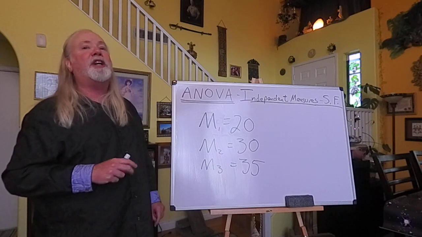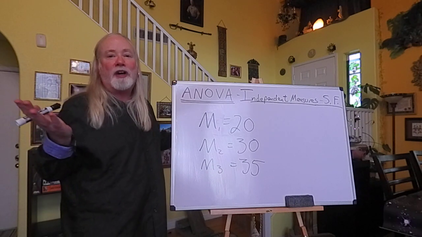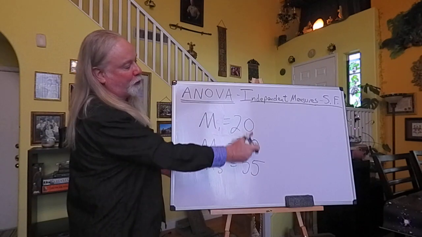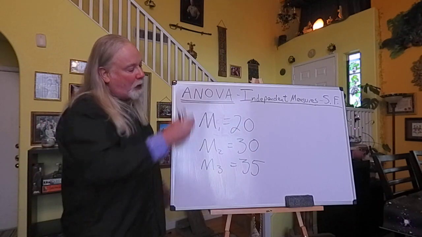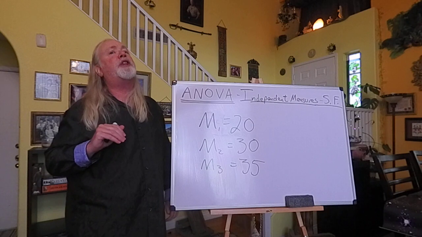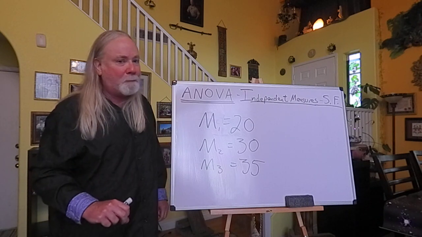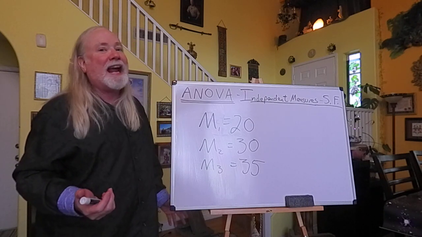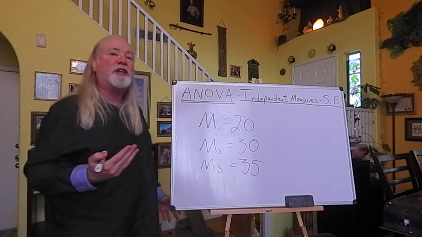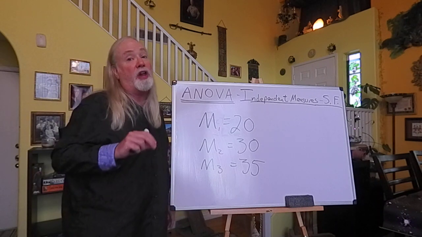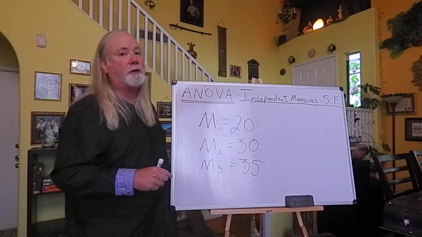So it's difficult to just subtract an answer like we could have done when there was just the two groups, 30 minus 20, 10-point mean difference. But with three groups, if I say, what's the mean difference? Well, there's not one answer to that. We don't have a way of asking or answering the question, what's the difference between three groups?